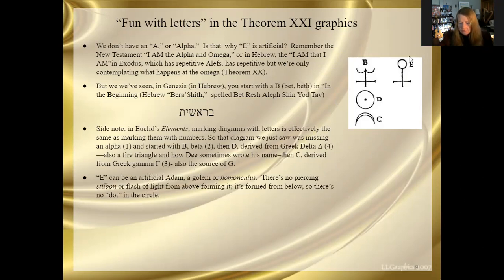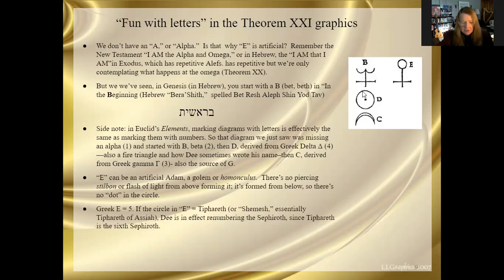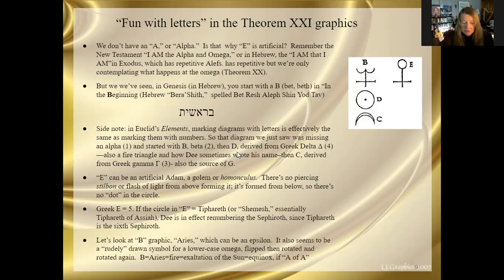So we've talked about E as being the path of the initiate, a kind of, in a sense, an artificial atom or a homunculus, because there's no dot there, no piercing flash of light down the tree in one ray, no stillbone, none of those type of things. But one thing we do know, since this is 5, that this whole circle doesn't correspond to Tiferet because 6 would correspond to Tiferet. All right, we've discussed all that before.